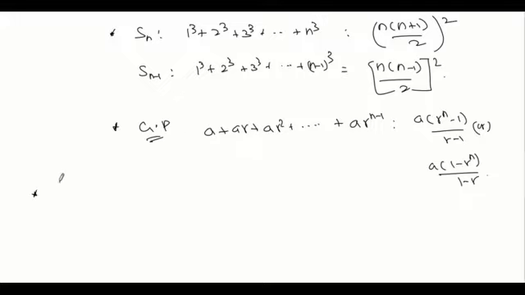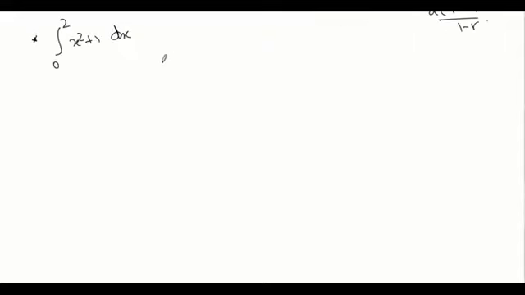We do one sum on this: integral 0 to 2 x square plus 1 dx. Here we can take the lower limit a as 0, upper limit b as 2, then nh is nothing but b minus a, which is 2 minus 0, so nh is nothing but 2.